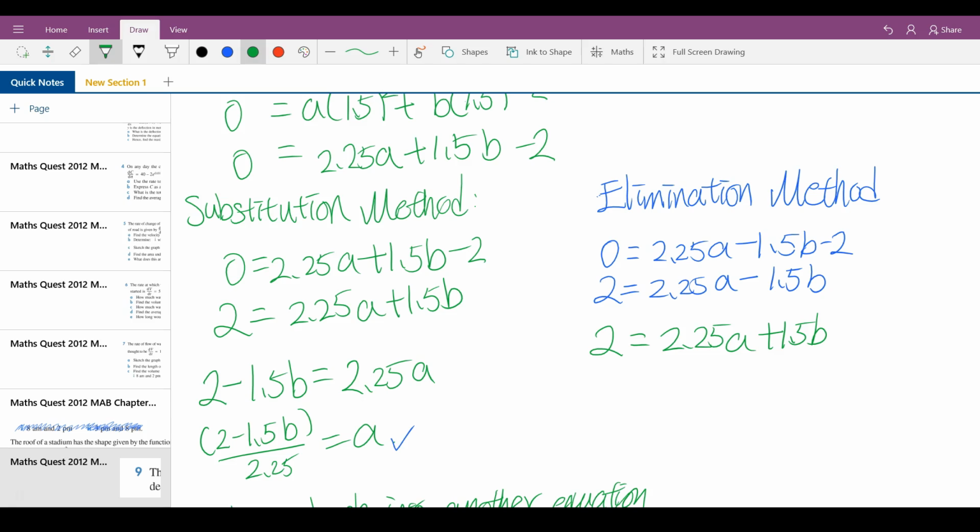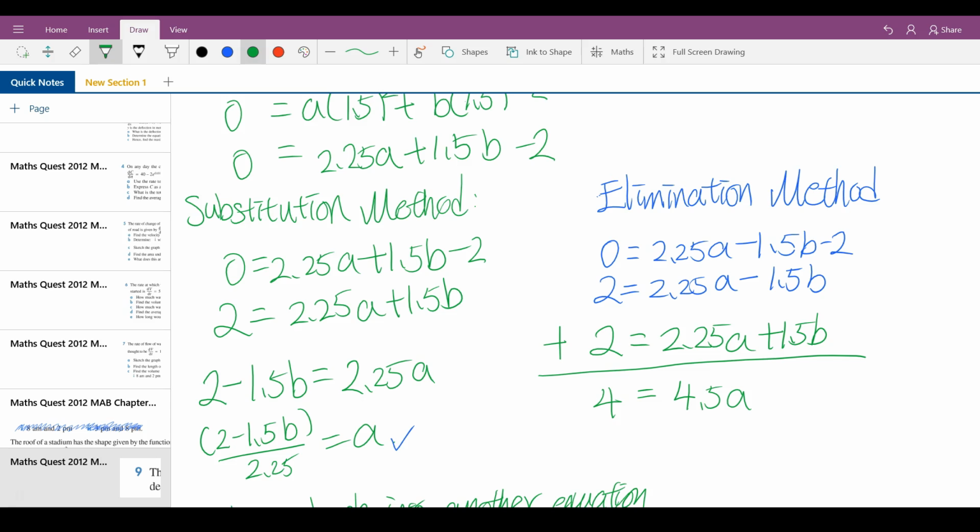So the process of elimination is aimed to eliminate one variable or unknown. So if we plus these two functions, all right, so 2 plus 2 give us, let's just draw a line there. 2 plus 2 give us 4. 2.25 plus 2.25 give us 4.5. And this bit is gone, right? Negative 1.5b plus this 1.5b, then that's gone.